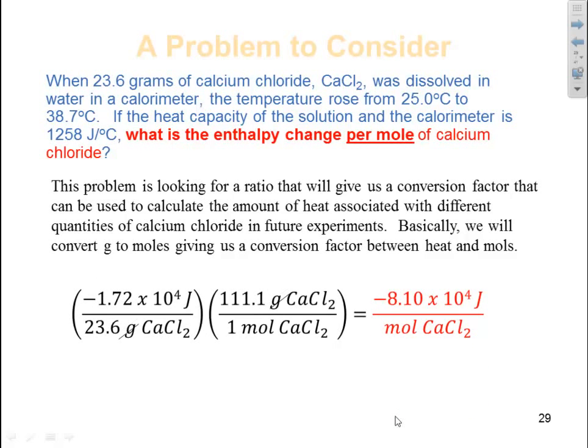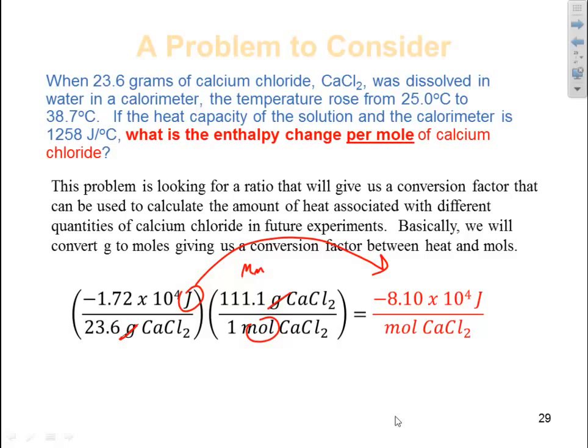So I have my 1.72 times 10 to the 4th joules per 23.6 grams of calcium chloride. Then I've got to convert grams to moles using my molar mass, 111.1 grams per mole of calcium chloride. My grams cancel, so now I have joules per mole, which is what I'm looking for. If I multiply out the number, I get 8.10 times 10 to the 4th joules per mole of calcium chloride.